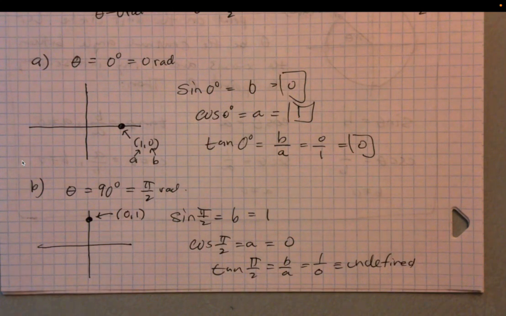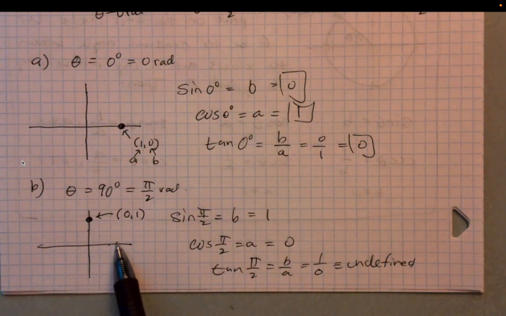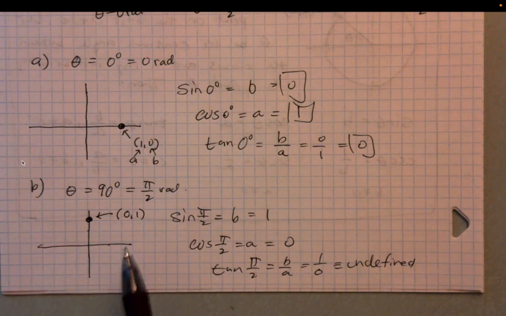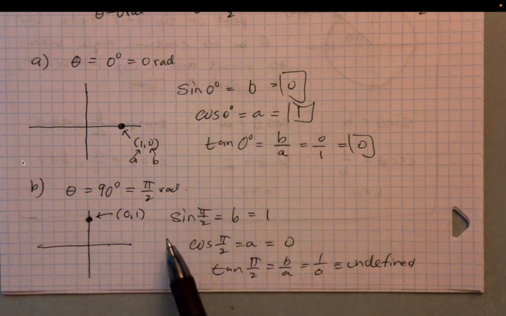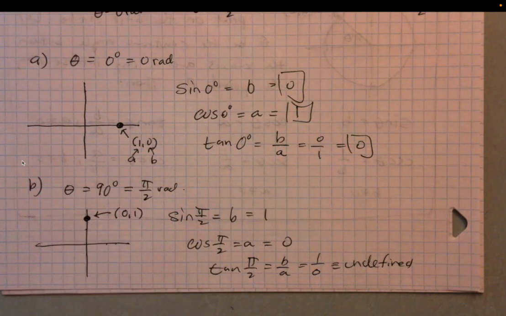So the sine and the cosine flip at 90 degrees. Between 0 and 90 degrees, sine went from 0 up to 1. Right? So that's why you get a half in here, and square root of 2 over 2, and square root of 3 over 2. So it goes from 0 up to 1. And conversely, cosine starts at 1 here, and then it goes down to 0 at 90 degrees.